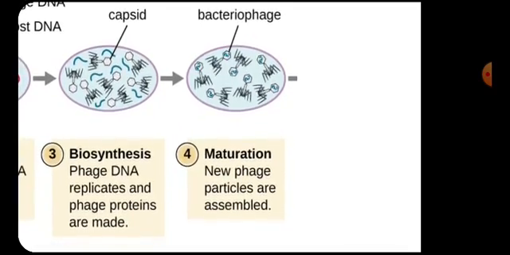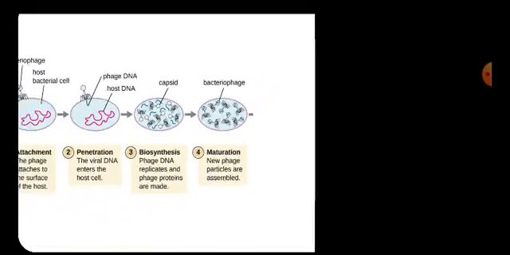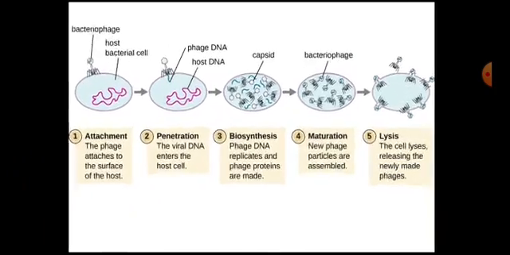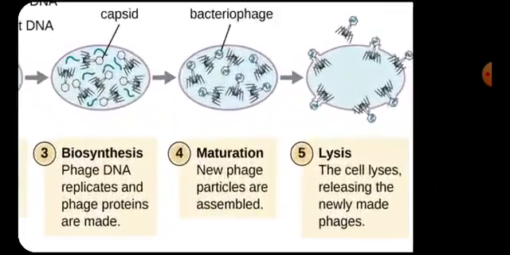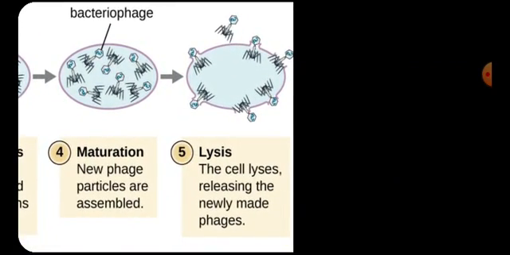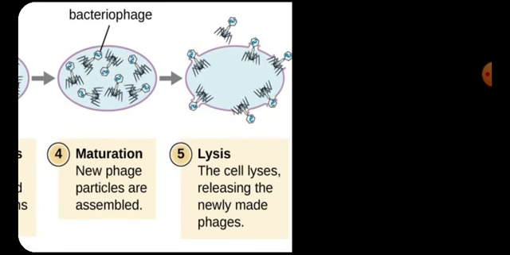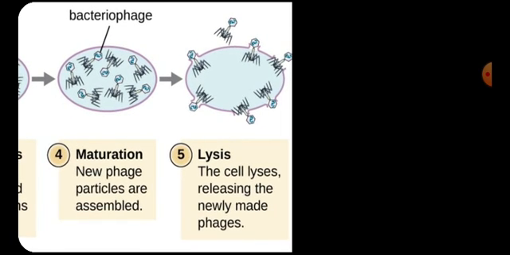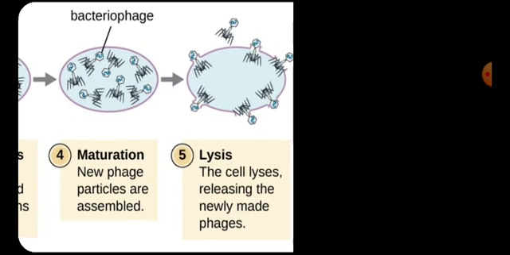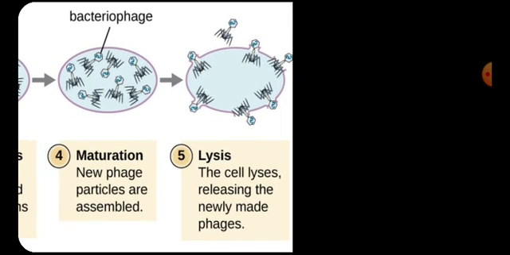And finally, after the synthesis of complete virions, these virions are released out. As a result of thousands of bacteriophages inside a single bacterial cell, it leads to the bursting of the cell or lysis of the cell.